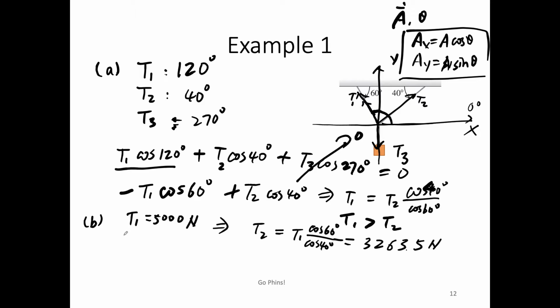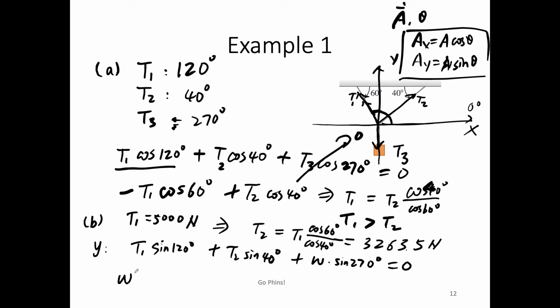Now we need to find T3 if T1 is 5,000. So it has to be in the y direction. We build the equation: all the y components add up to 0. First T1y, which is T1 sine 120 degrees, T2y, T2 sine 40 degrees, and T3y, the weight, times sine 270 degrees, add up to 0.